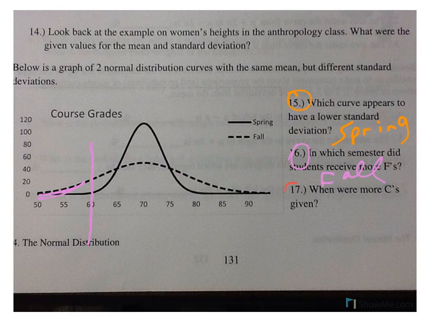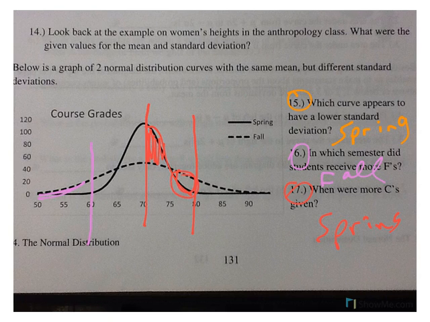So question 17, more C's. Well, a C is from 70 to 80. So that one's a little bit harder to see. But I would say that it was probably spring, because look at how high those are, right? It's way, way higher.